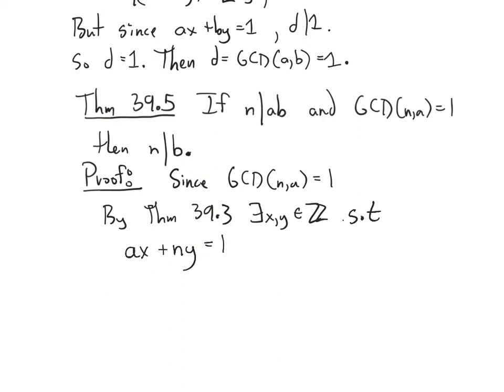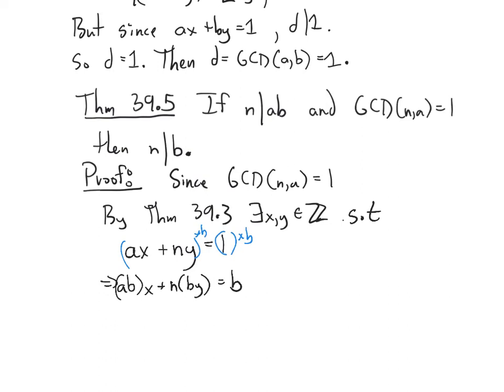We're going to multiply both sides by b like before. And we get the following. So let's write this out. I'm going to write it like this. ABx plus nby equals b.